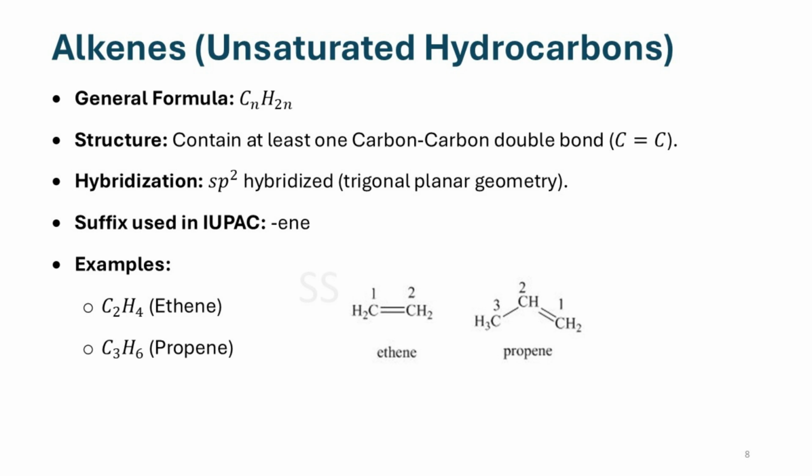So that is how 1 pi bond is added to the alkane to become an alkene. Because of the double bond, the carbons are sp2 hybridized, making the molecule flat or trigonal planar. We change the suffix from -ane to -ene, as seen in ethene and propene.